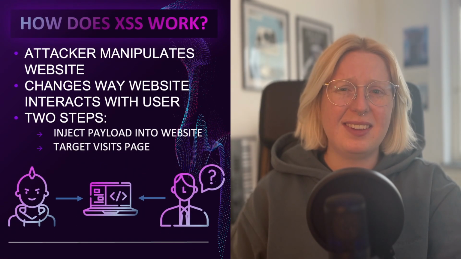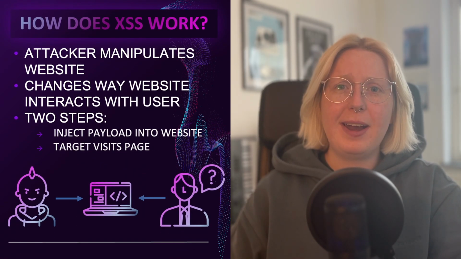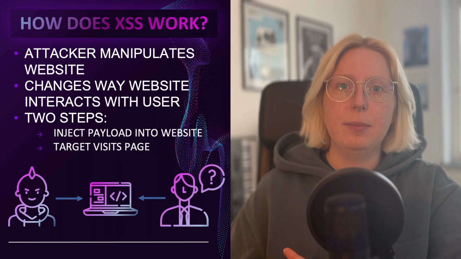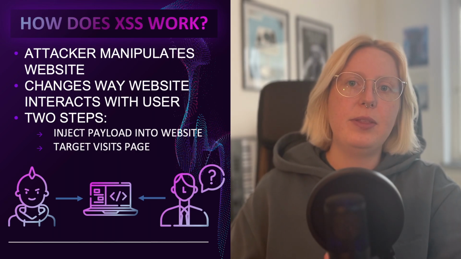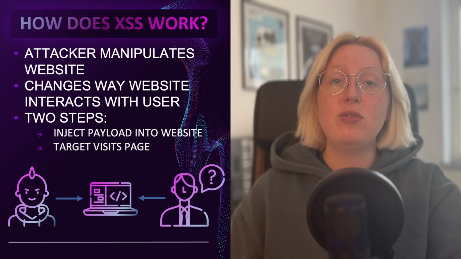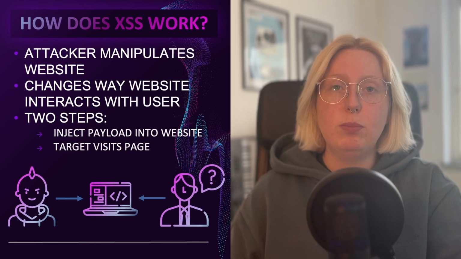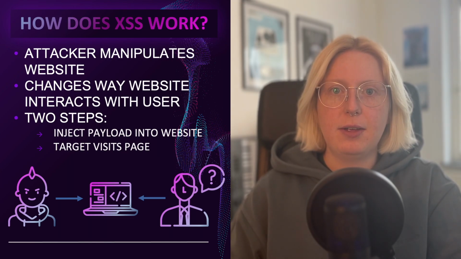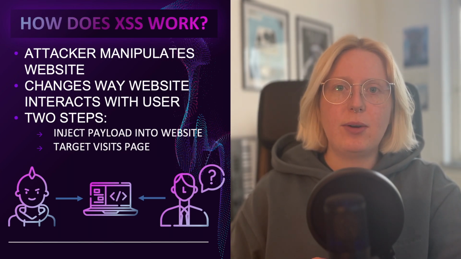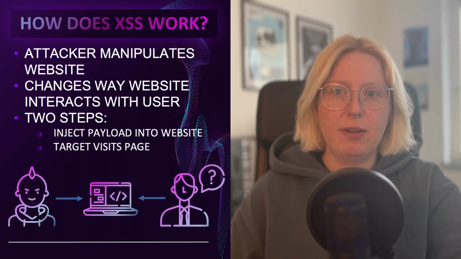So how does XSS work? As I've said before, XSS means that an attacker manipulates a website and the malicious JavaScript is returned to another user. That means there are two steps that have to be taken to perform a successful XSS attack. First, the attacker has to inject the malicious code, also called payload, into the website.